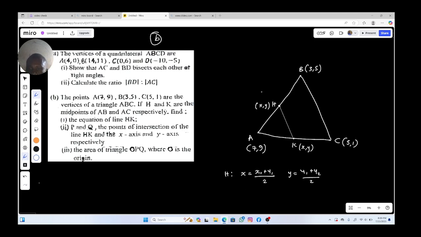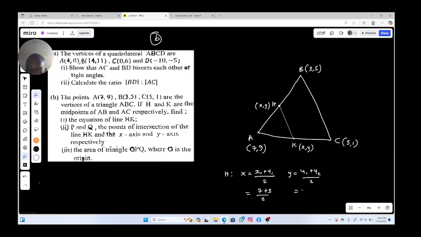So the first one is going to be this line AB now. AB is the line. So let's take 7 plus 3 divided by 2, and 5 plus 9 divided by 2. I picked 7 plus 3 as x1, x2, y1, y2.